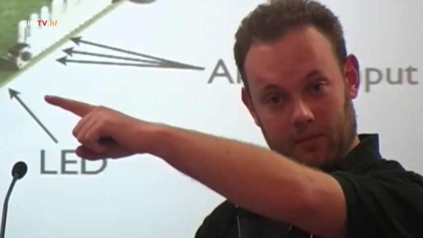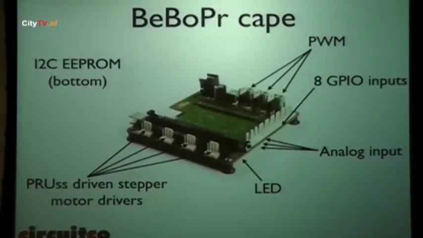And this is the cape I find the most fun. You can see this in action at the 3D printer at the booth there. It breaks out a few PWM modules for pulse width modulation, can do 100 watts per channel. It has GPIO inputs for the homing on all the axes. It has analog inputs for the temperature sensors. It has an LED you can blink.